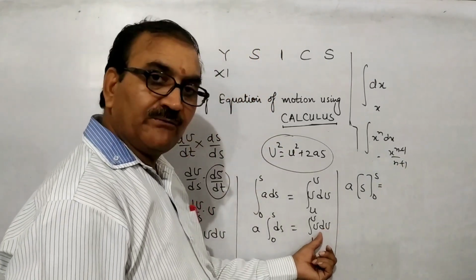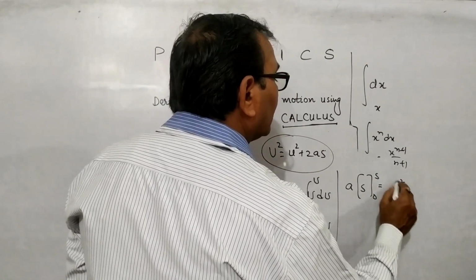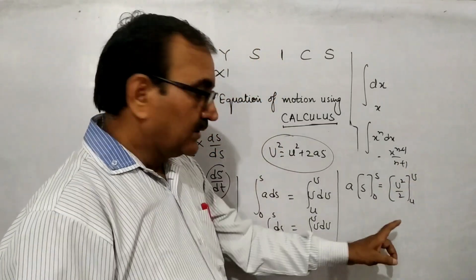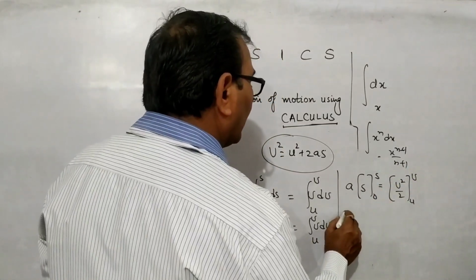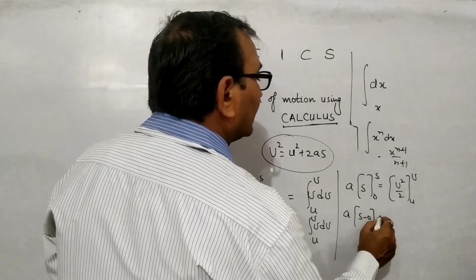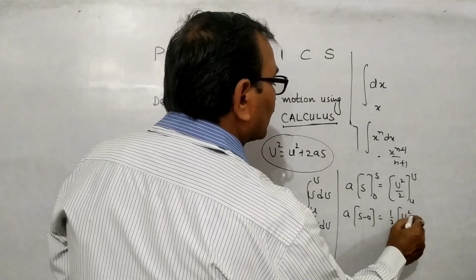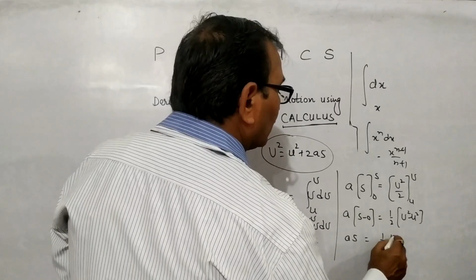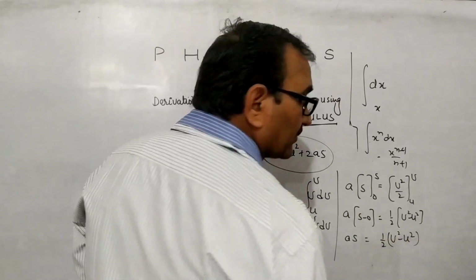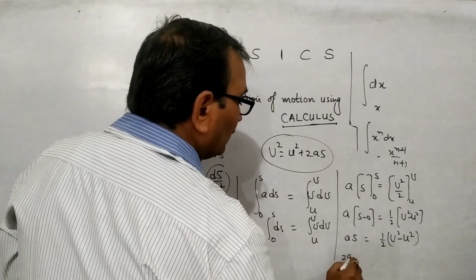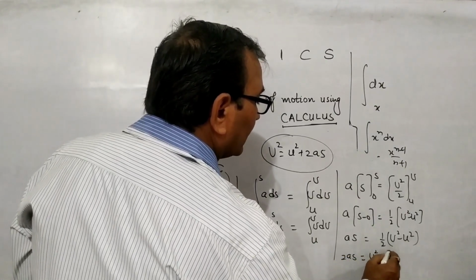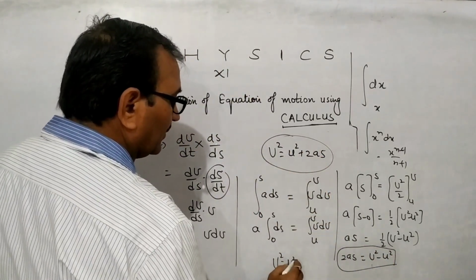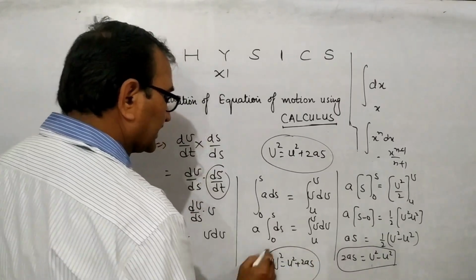That means this becomes v square by 2 and limit u to v. This is the lower limit and this is the upper limit. So a into s minus 0, that is 1 by 2 into v square minus u square. So as is equal to 1 upon 2 into v square minus u square. Now multiply 2 here, so 2as is equal to v square minus u square, and you can write it this way, that is v square is equal to u square plus 2as.